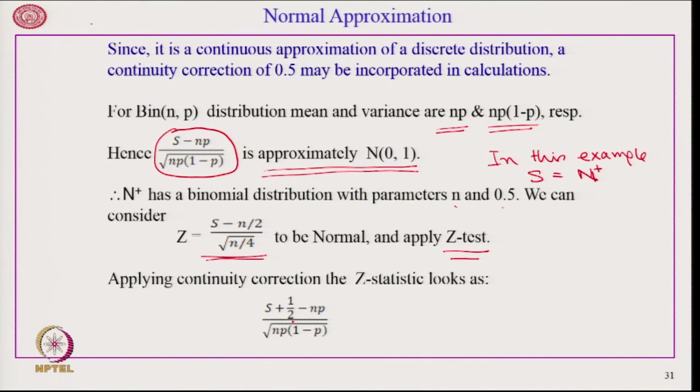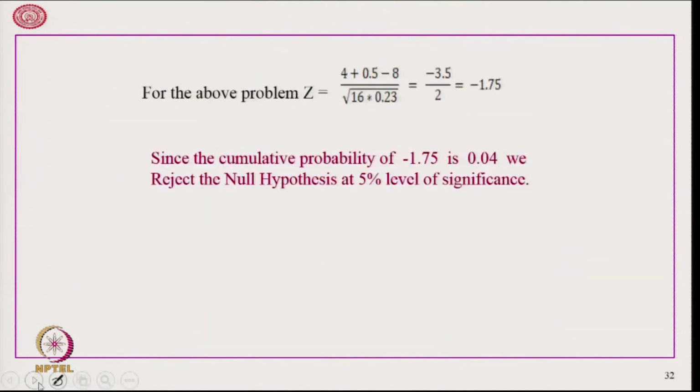Therefore, we use a factor 0.5, and under continuity correction this is going to be the statistic (S + 0.5 − np) upon root over n times p times (1 − p). So, for the given problem, our S was 4 with a continuity correction 0.5, np is equal to 8 because n is equal to 16, divided by root over 16 p(1 − p), and that gives us the value.